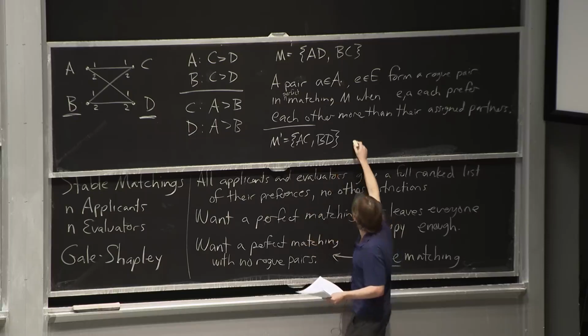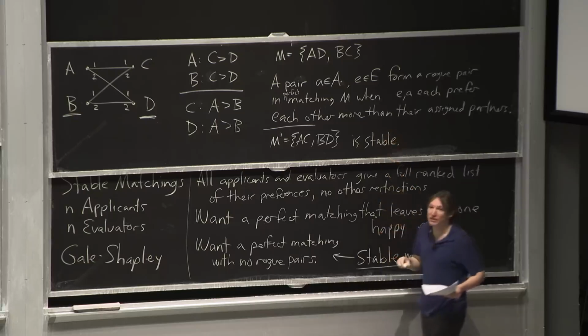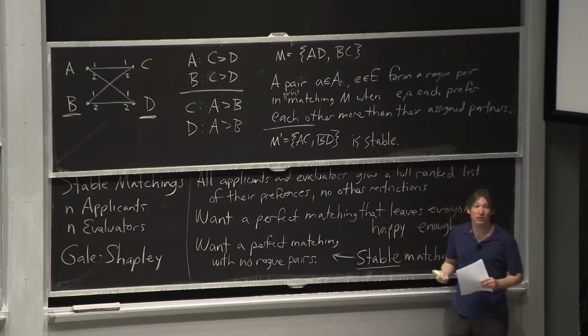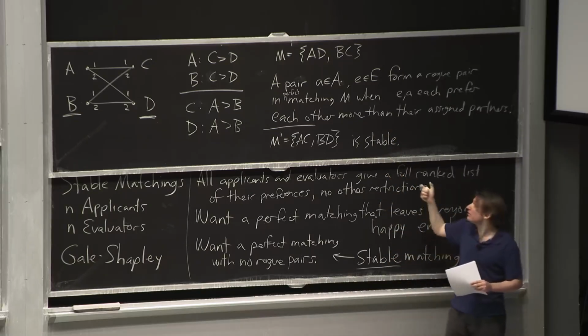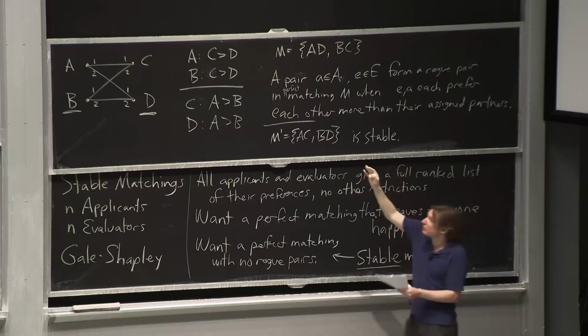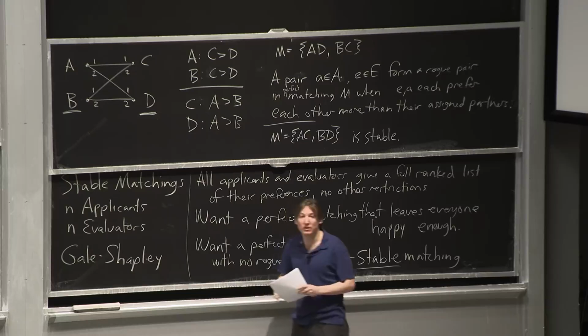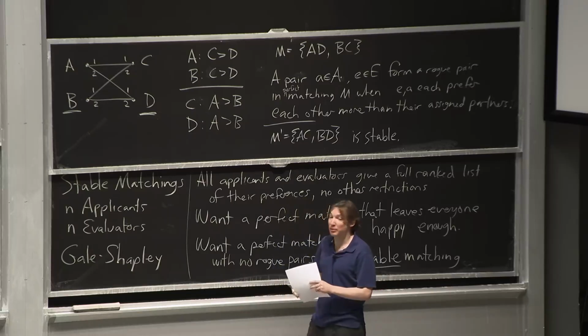So this matching is stable, because none of the possible pairs are a rogue pair. Does this example make sense? Cool. So this particular example, two people with two people, each with this preference order, has a stable matching.